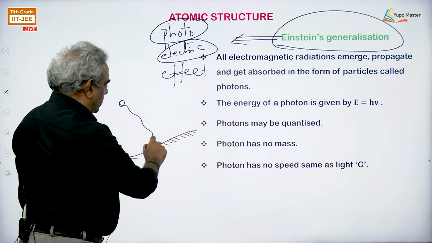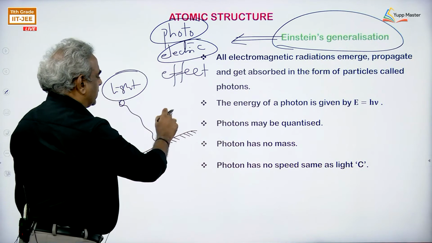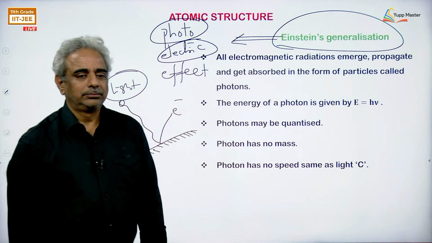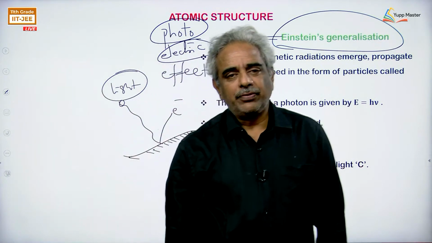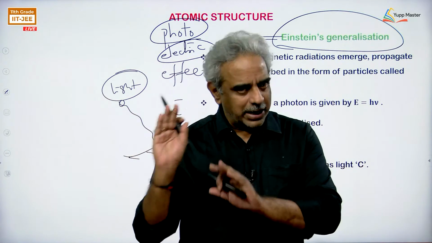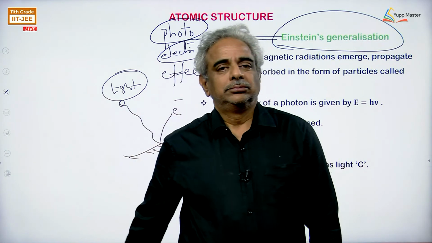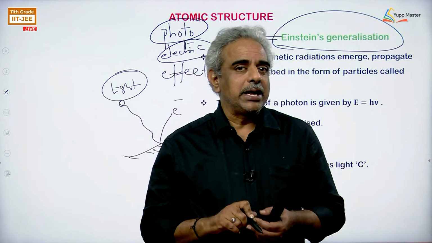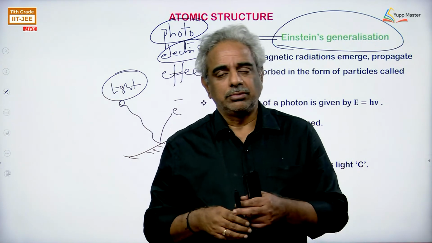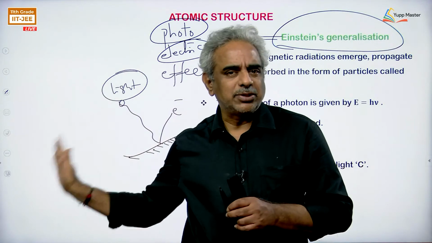Bombard the metal piece with light, and electrons are ejected. A metal surface is bombarded with some light. Light, we will use the word light only at present, and it starts ejecting electrons. Ejection means sudden release. So this is the experiment.